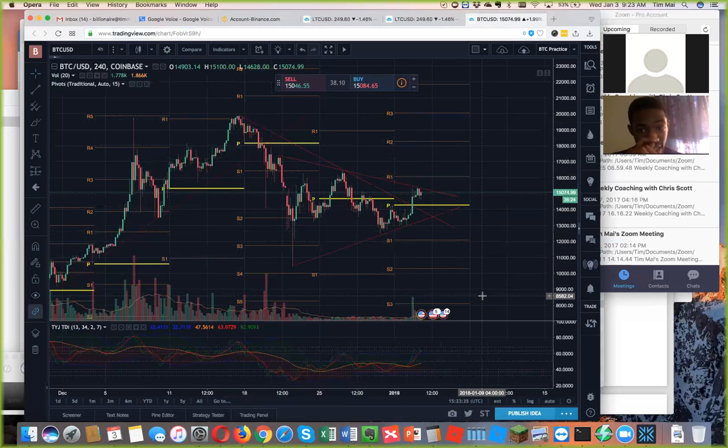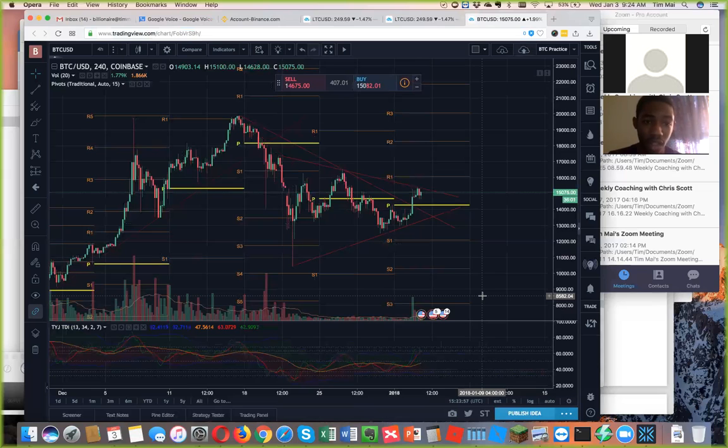Exactly. That's why there's a good chance Bitcoin could go up to that R1 and fall just like it did last time. That trend line that you just drew could create a wick to that R1 and come right back down.